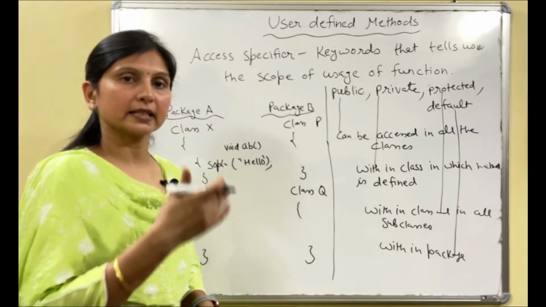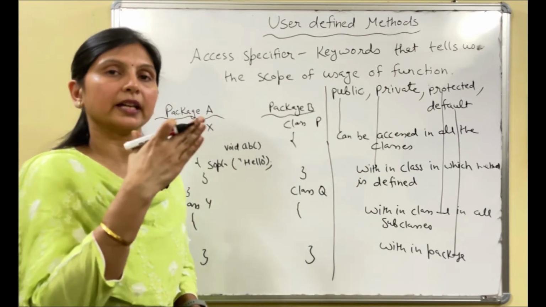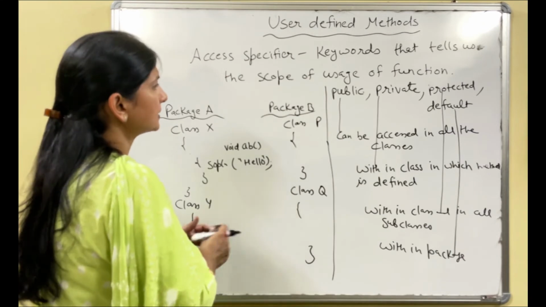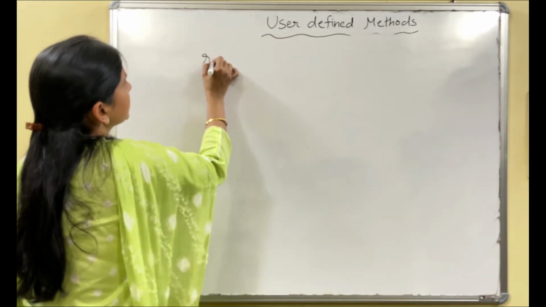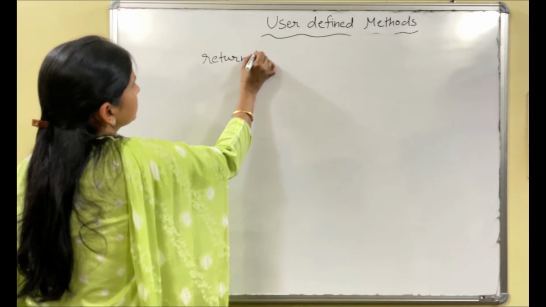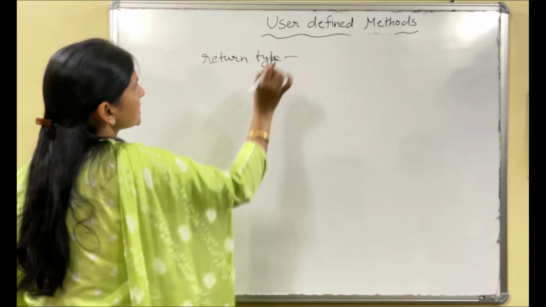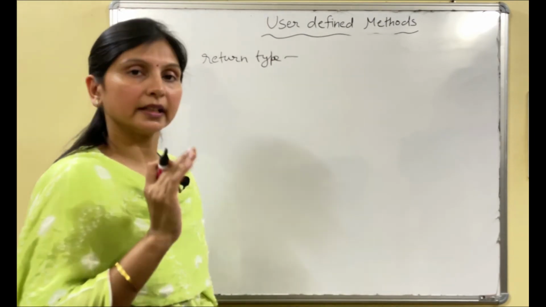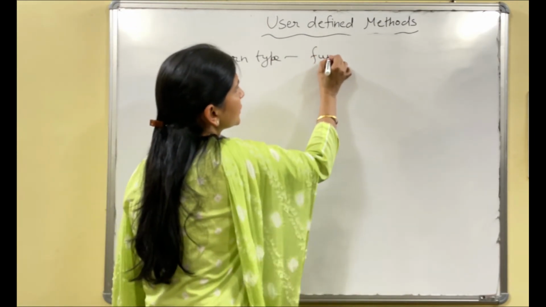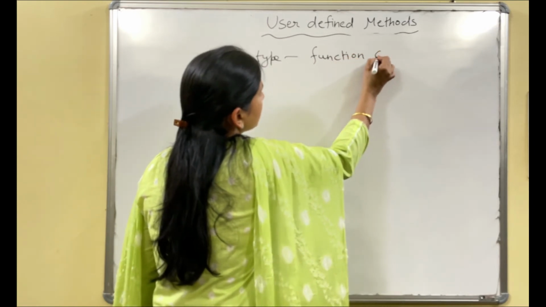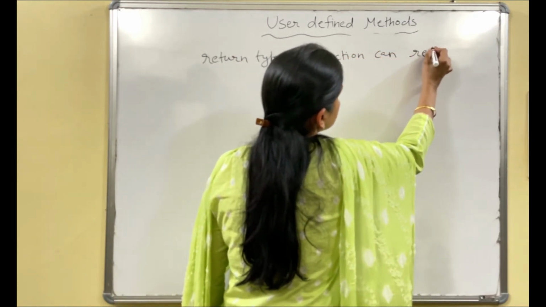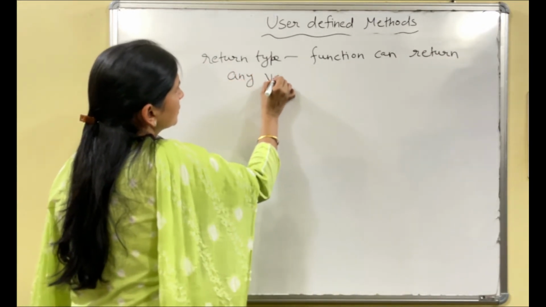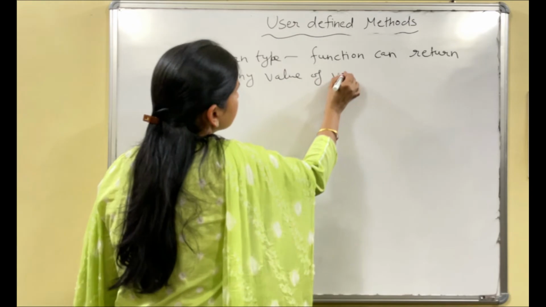Now the next is, as per the syntax, after the access specifier we have used the return type. Now what is return type? Let's see. Return type means a function can return any value of a valid data type.